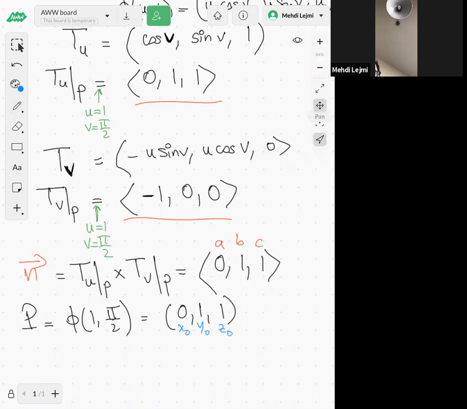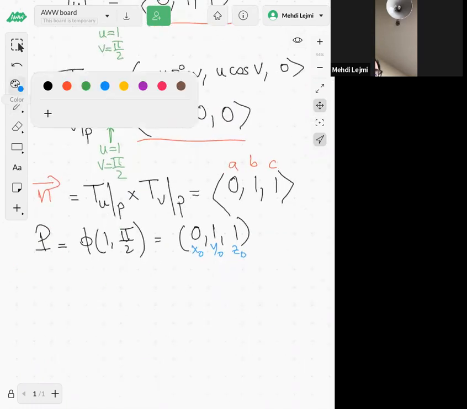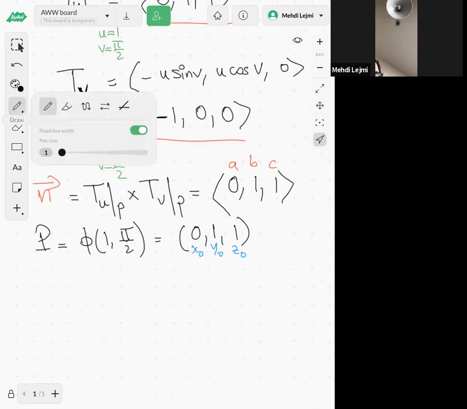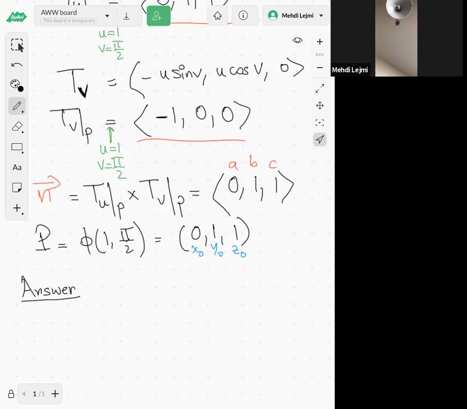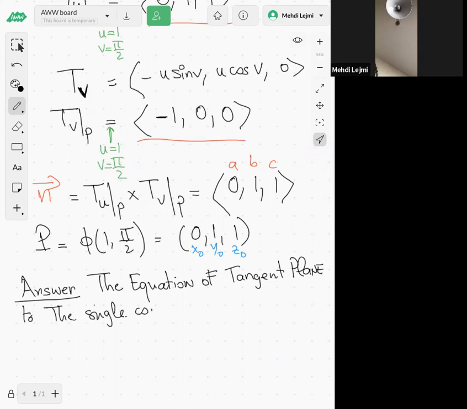So the answer, the equation of the tangent plane to the surface of the single cone at the point P is, well, let me remind you of the equation of the plane.